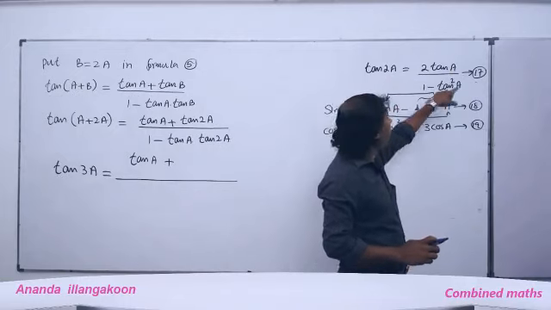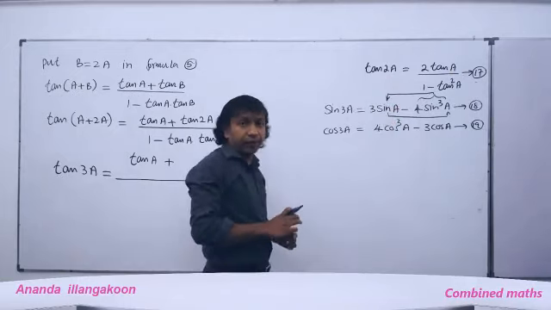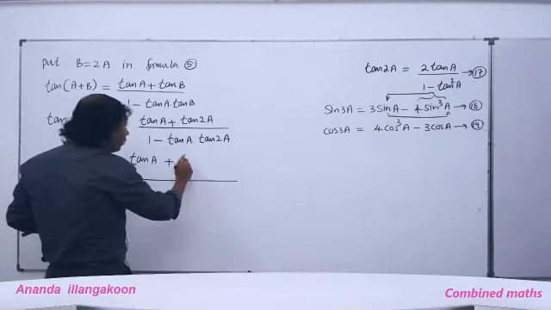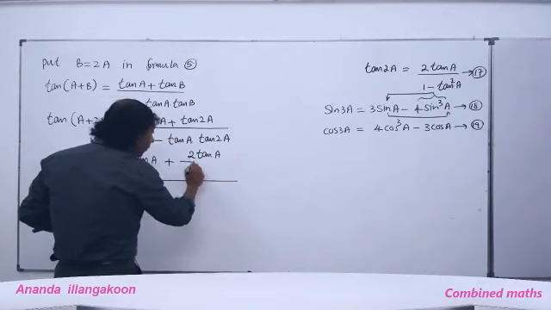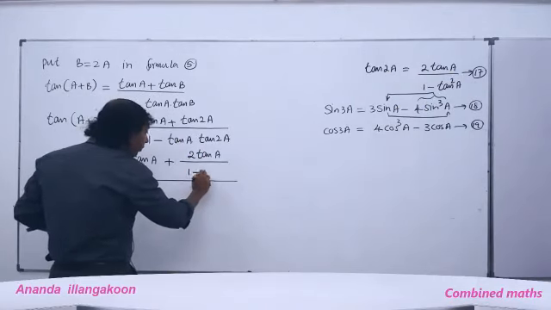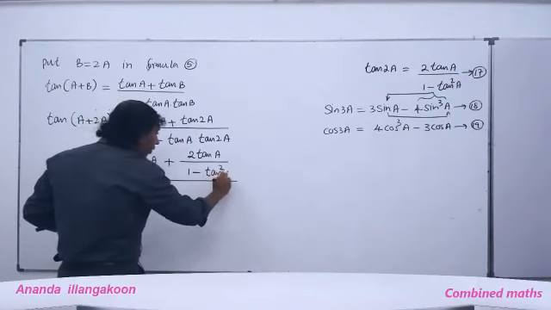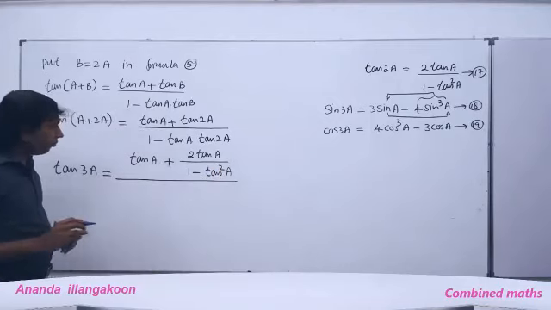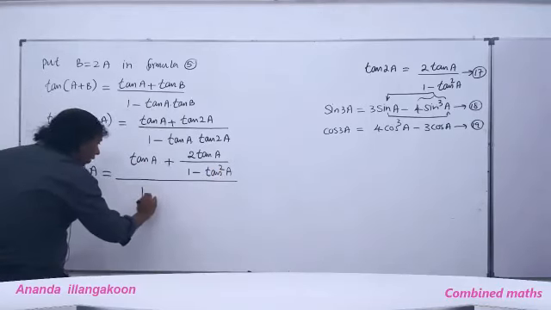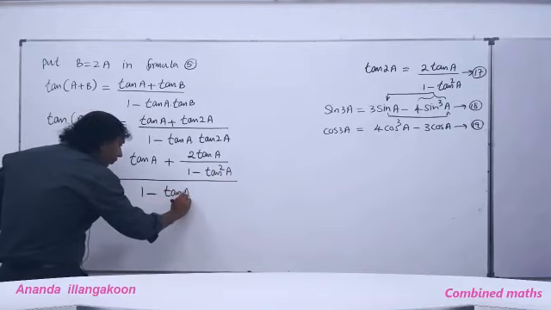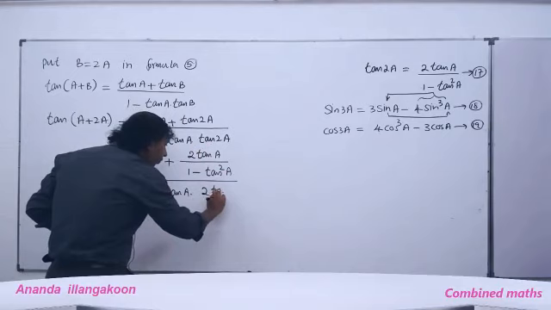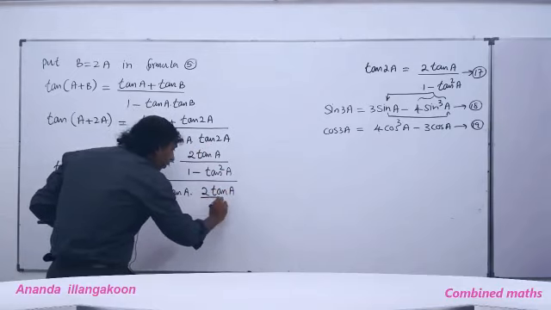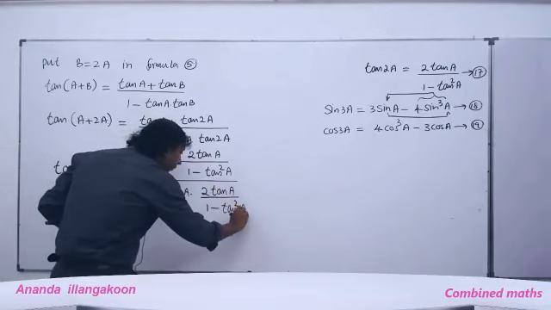It is 2 tan A divided by 1 minus tan squared A. Then we write for this tan 2A, 2 tan A divided by 1 minus tan squared A. And here 1 minus tan A times tan 2A is, people, 2 tan A divided by 1 minus tan squared A. Right.